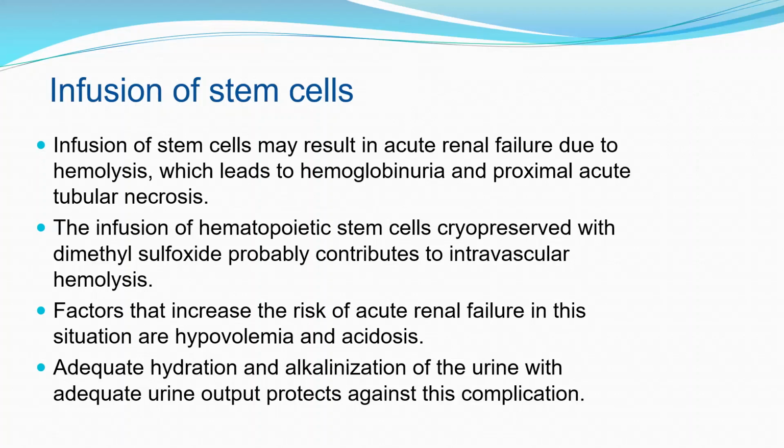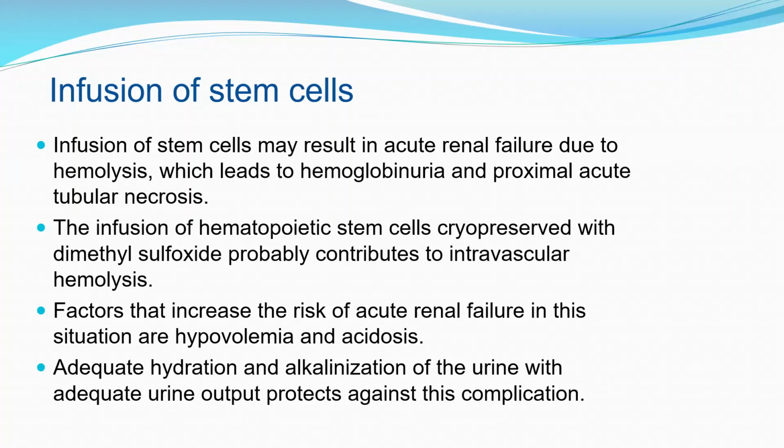The second cause is exposure to DMSO, which we can only face in the case of autologous transplant, because our transplant is hematopoietic, not peripheral mobilized BMT. That is also another cause of acute renal failure associated with infusion of stem cells.